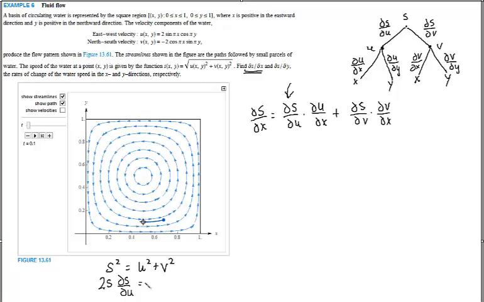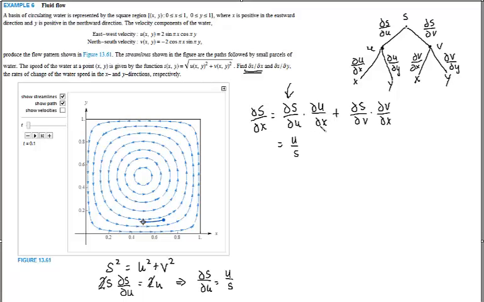This would be just plain old 2u, and this would be 0. And rewriting for this one, I would get the partial of s with respect to u equals u over s, because the 2's cancel out there. So next I'll write in that this is u over s.